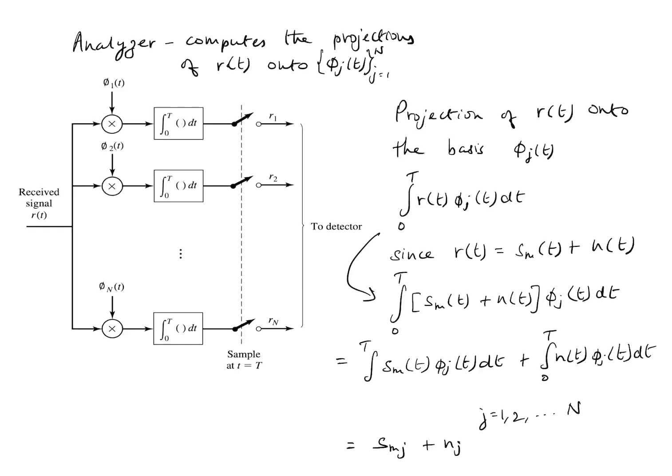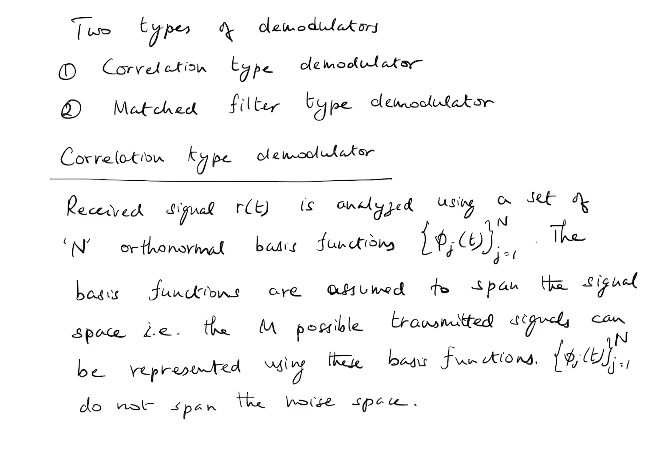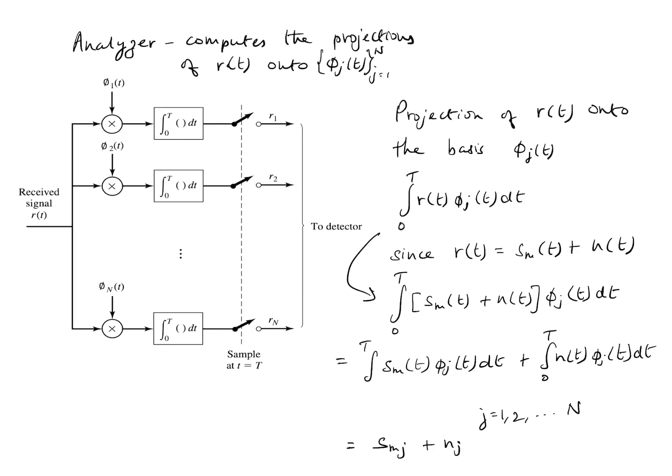Okay, the functionality of the correlation receiver, where we compute the projections of the received signal onto the n basis functions, can be seen as an implementation by this diagram, where we have n parallel cross correlators which compute the projections R1, R2, R3 and so on up to Rn.